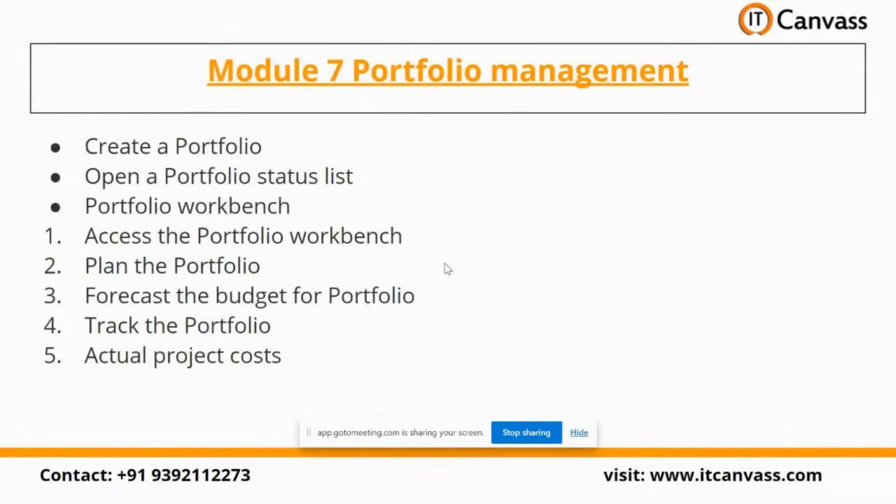For that, they need to be able to see complete charts and tracking info. ServiceNow gives some dashboards to the portfolio manager. They can see from the dashboard and calculate whether it's profitable and how profitable it is. Based on that, they can invest in or approve the project.